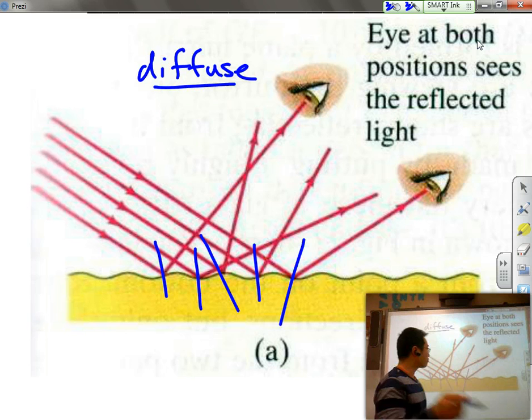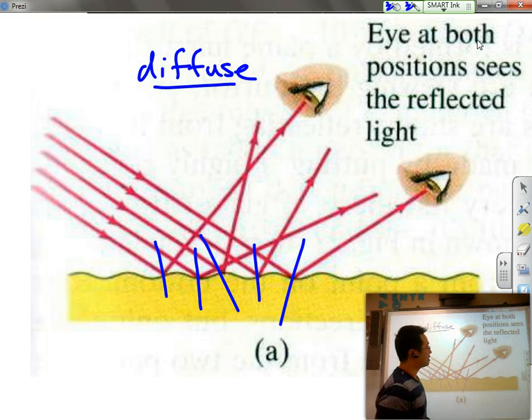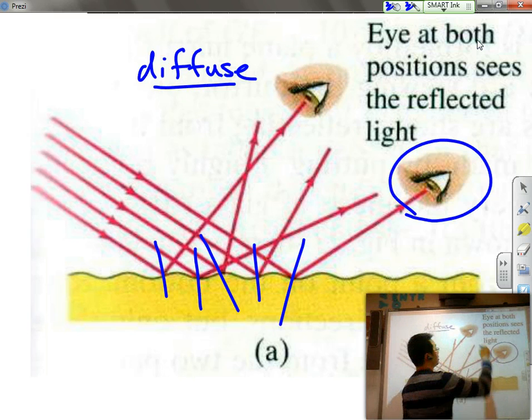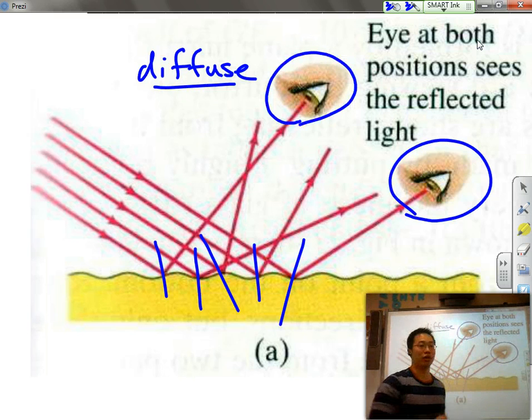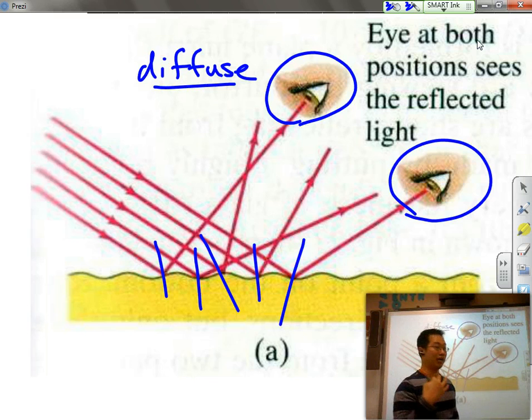But because of the rough surface, the light is going to reflect in all different directions. And because it reflects in different directions, a person at one location is able to see it, and someone at a different location is able to see it as well. This covers most objects in the real world. The fact that we're able to see each other or see anything inside a room means that these surfaces are all rough and that the light is reflecting off the surface into our eyes.